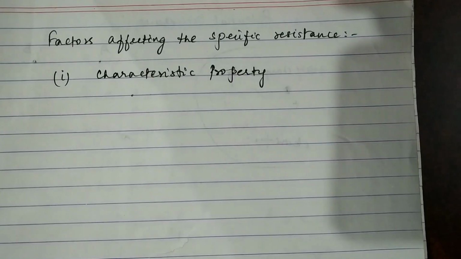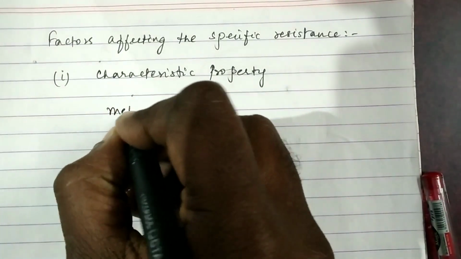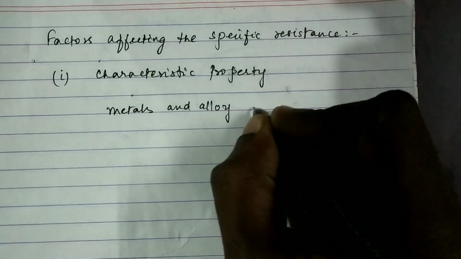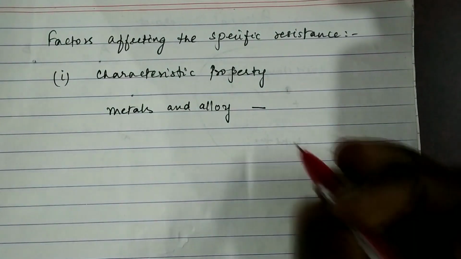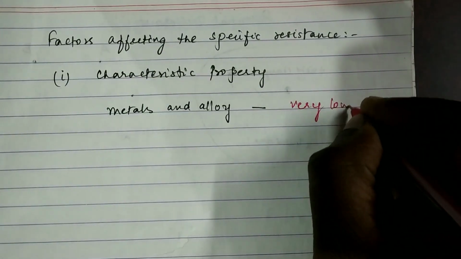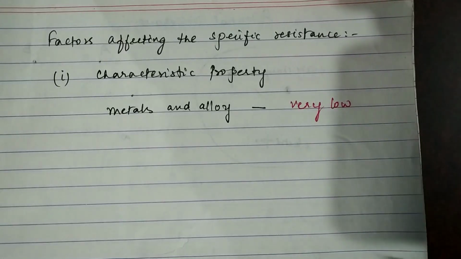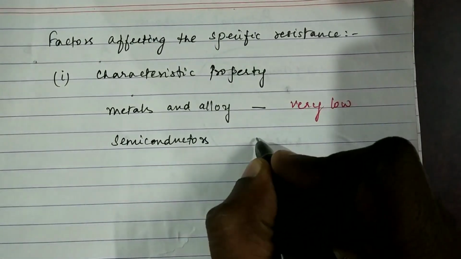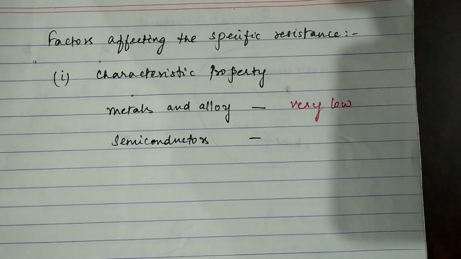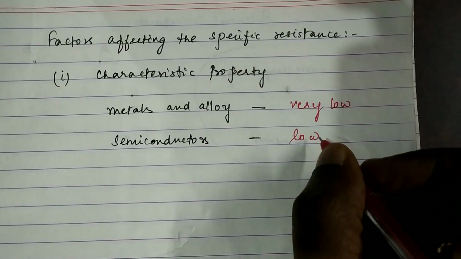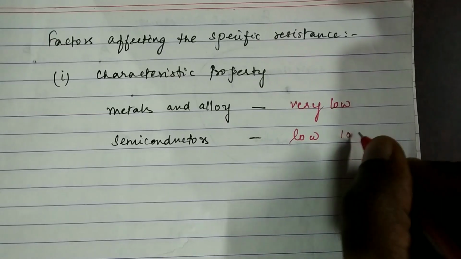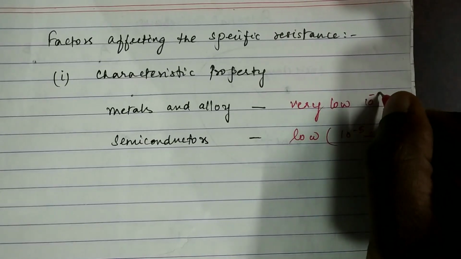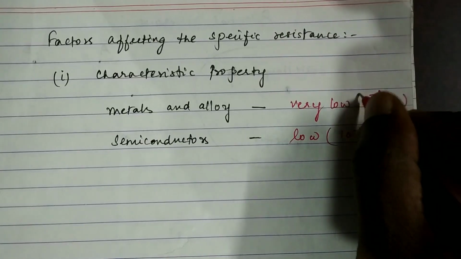So for metals and alloys, the specific resistance is very low. In case of semiconductors, the specific resistance or resistivity is low, of the order 10 raised to minus 5 ohm meter. Here very low, we can say of the order of 10 raised to minus 8 ohm meter.